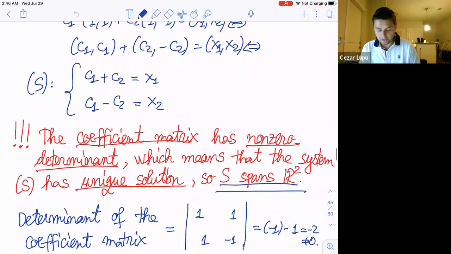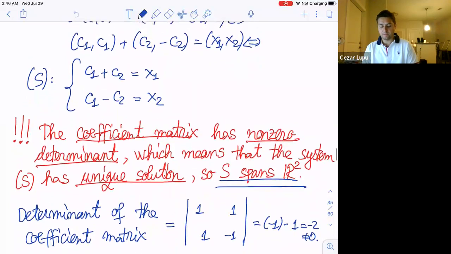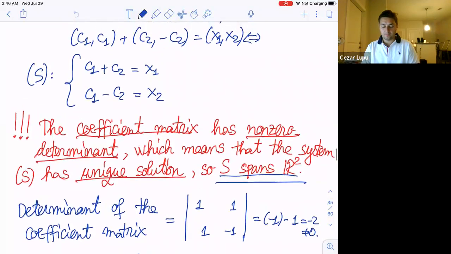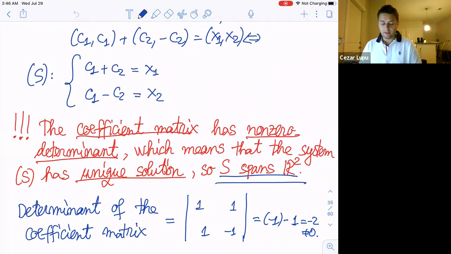And now let's look at the coefficient matrix of this system. The coefficient matrix of the system is given by, and we have to compute the determinant of this. This is nothing else than just the determinant of the matrix with the entries, on the first row, 1, 1, and on the second one, 1 and negative 1.